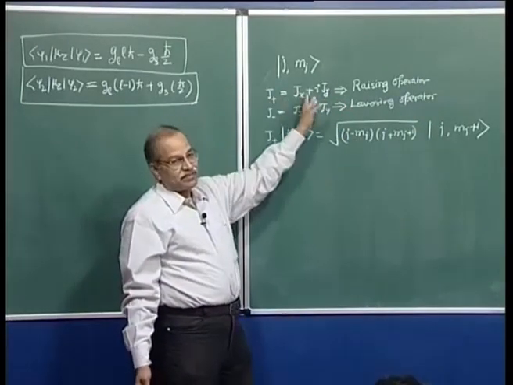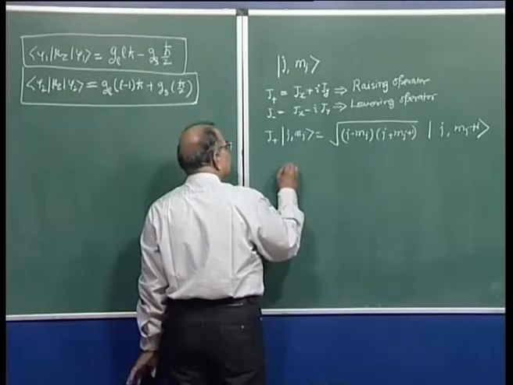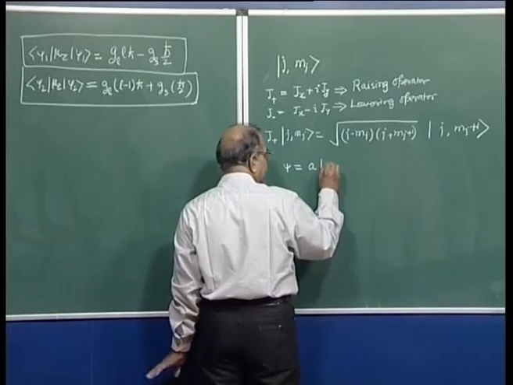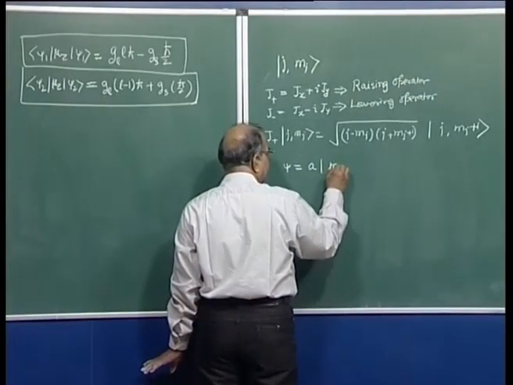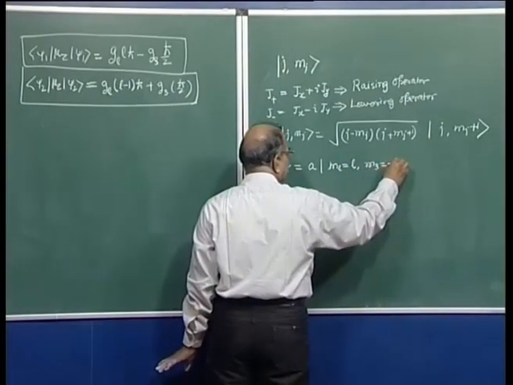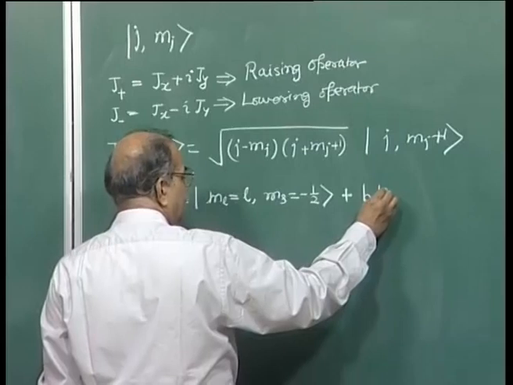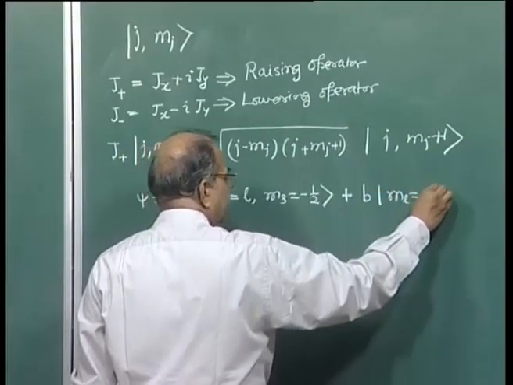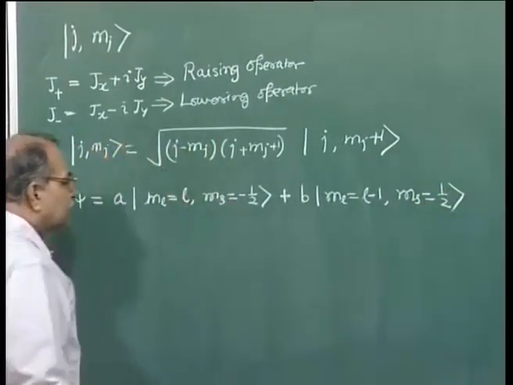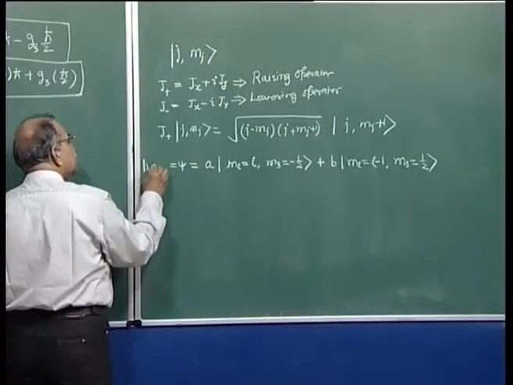I will be needing this J plus. So this psi was a times psi 1, and what did we write for psi 1? ml equal to L and ms equal to minus half, plus b times psi 2, ml equal to L minus 1 and ms equal to half, and this psi is j and mj equal to j.